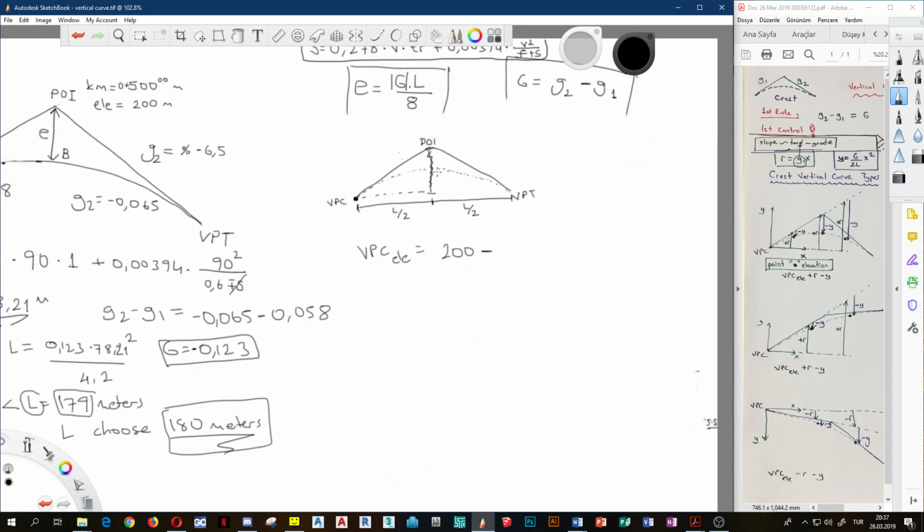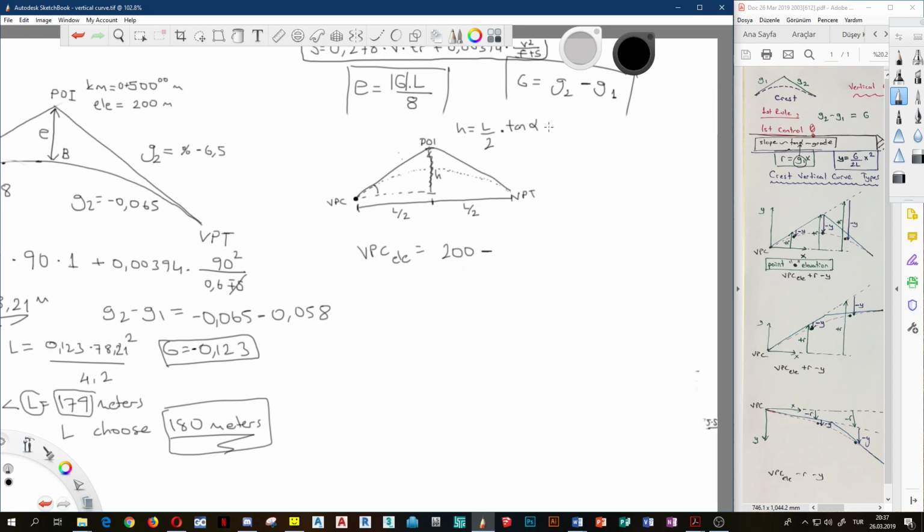if I assume this value is hash, it is equal to L divided by 2 times tangent alpha.